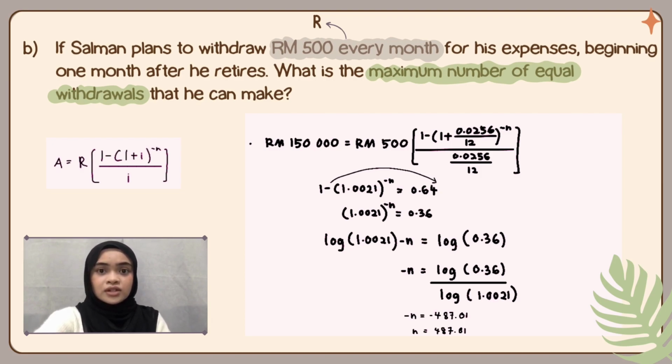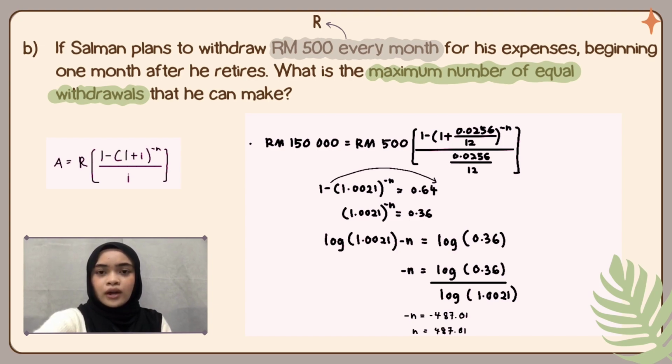The question requires the maximum number of equal withdrawals, so we use the present value formula A equals R, 1 minus (1 plus I) to the power of negative n, divided by I. I is still the same as in question A, 0.0256 divided by 12. The question gives 500 ringgit as the periodic payment, that is R.